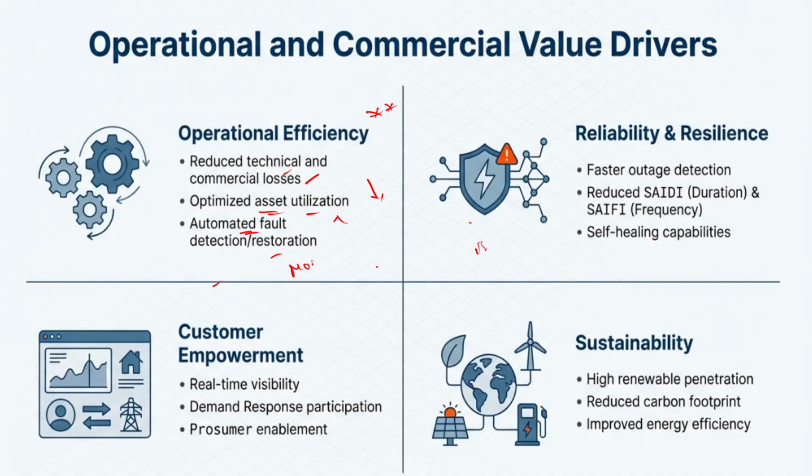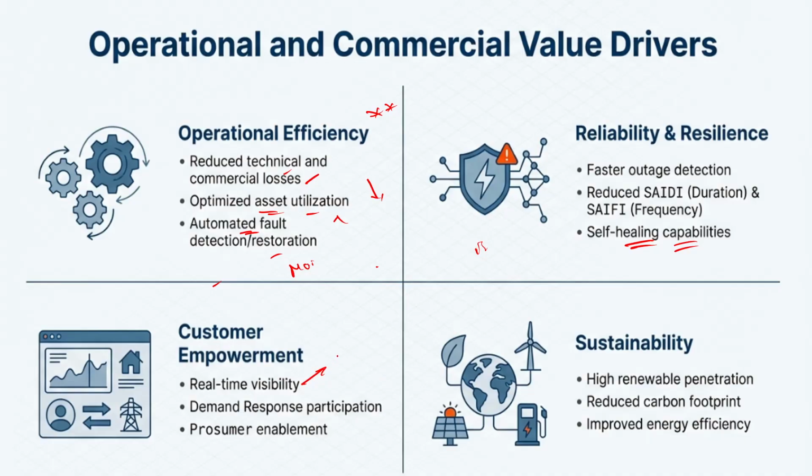When it comes to reliability and resilience, we have faster outage detection, and we can reduce the duration and the frequency of the breakdowns, and it will also help in self healing capability. This is a very important point when it comes to the operational and commercial value. And coming to customer empowerment, the customer can see real time visibility.